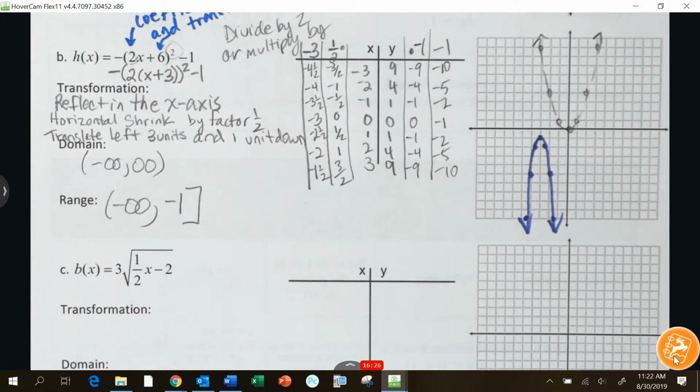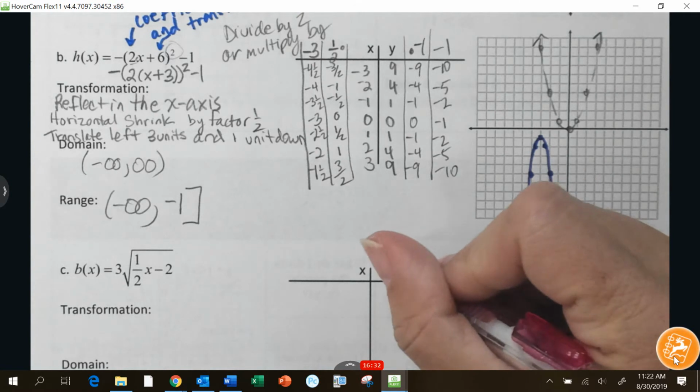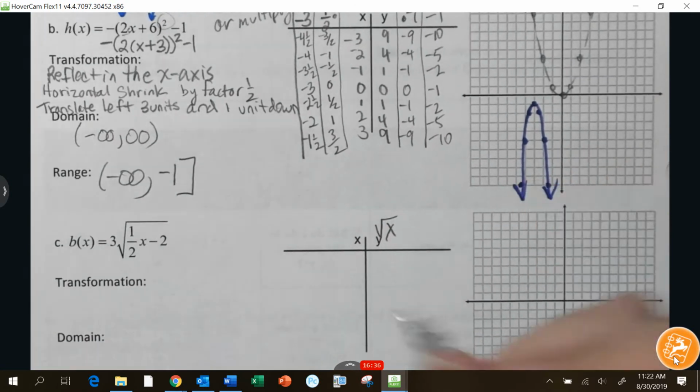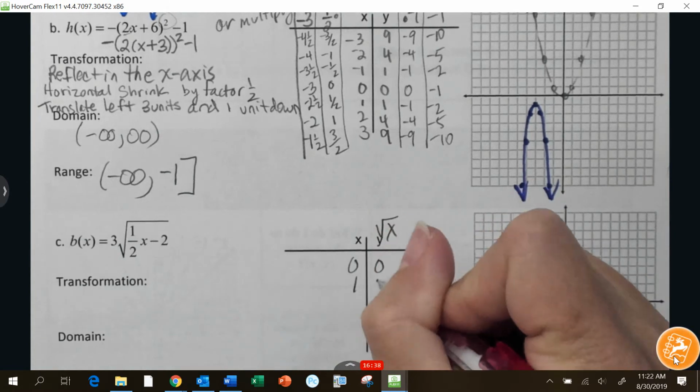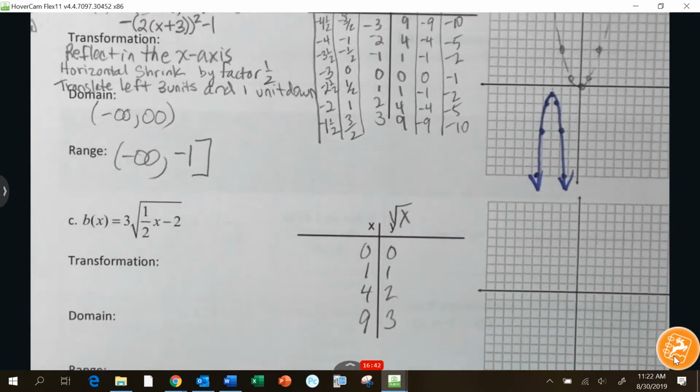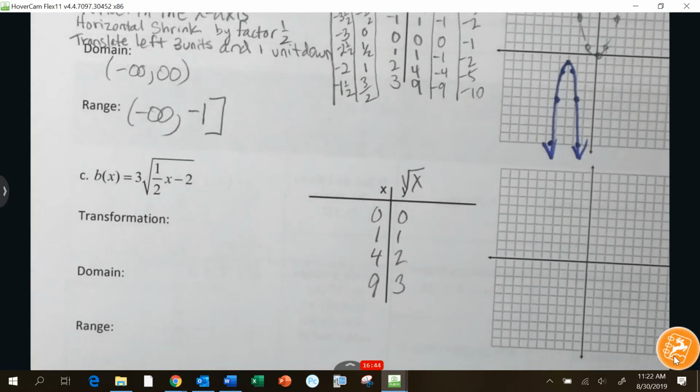Right. So when I go pick y values, I'm not going to pick any negatives. I'm going to pick things that I can square root, like 4 and 9. That's what I'm going to pick for my parent function values.